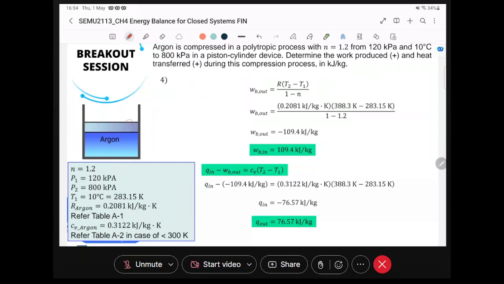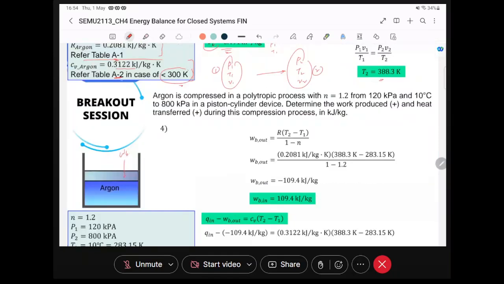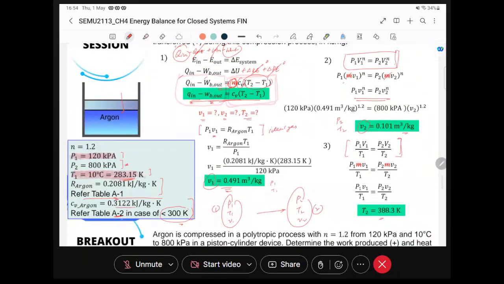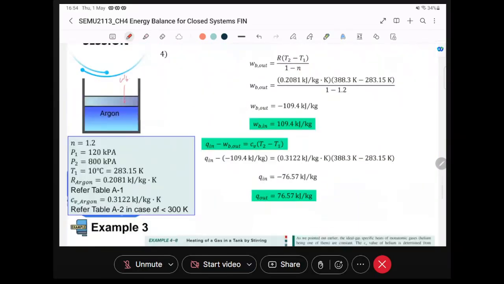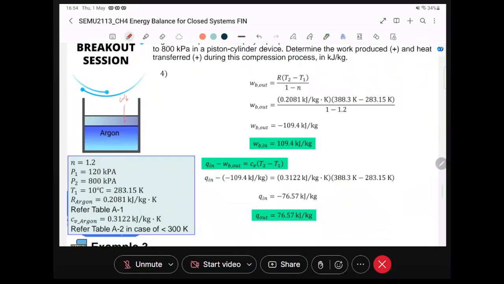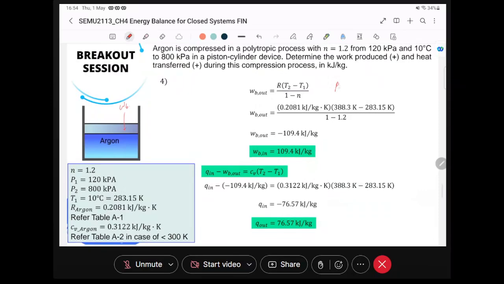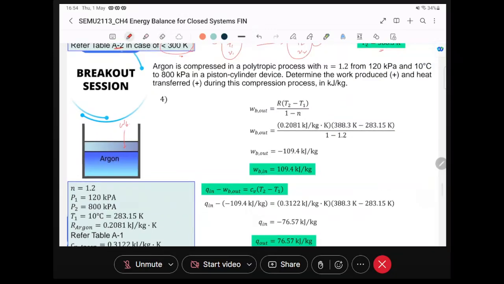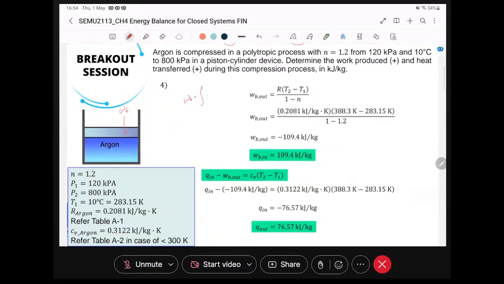In fact, not the work out, the boundary work. The boundary work is actually P dV.